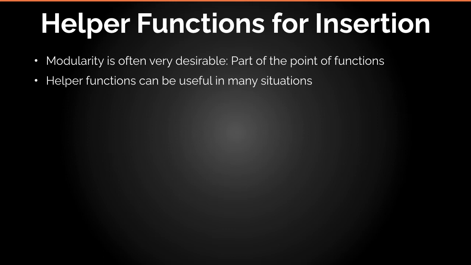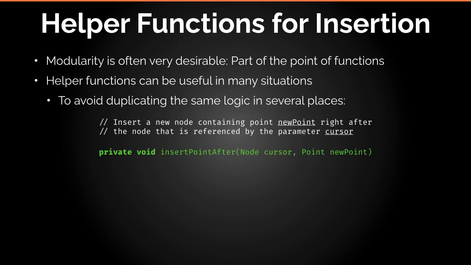So helper functions can be useful in many situations because it helps you focus on what a specific function is supposed to do, and it helps you contain all of the problems that might arise to that specific function. So here, one particular way I've used a helper function is to avoid duplicating the same logic that is a little bit tricky in a bunch of different places.